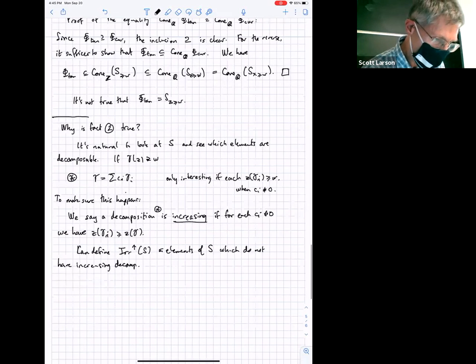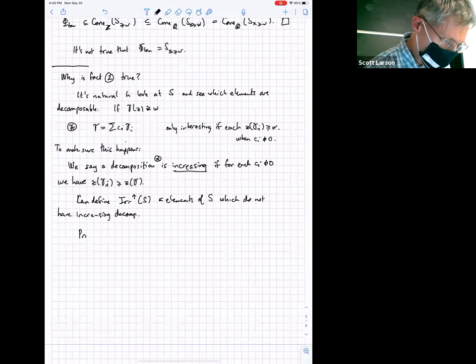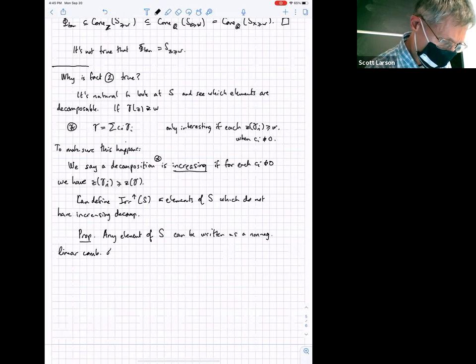And so then one can show the following proposition: any element of S can be written as a non-negative linear combination of elements of the irreducibles.